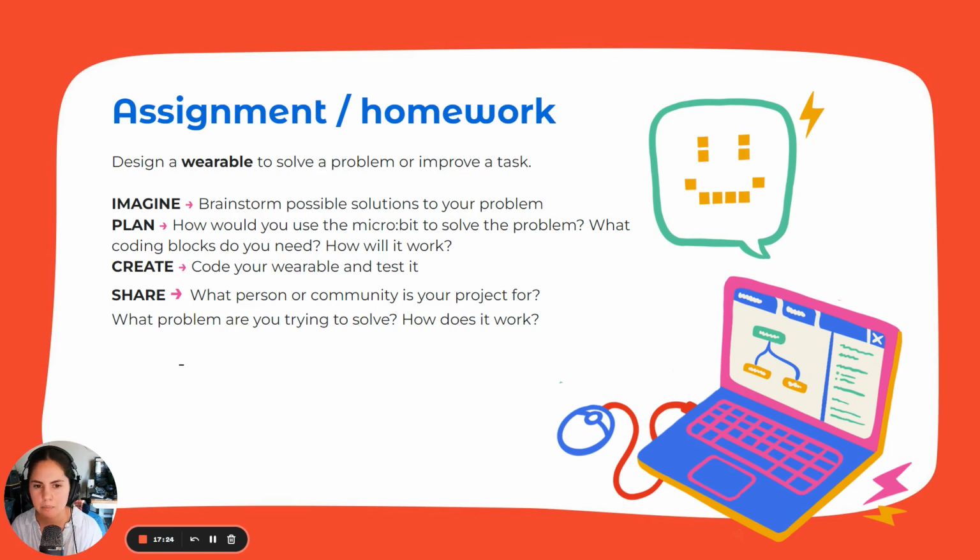And by plan can be, okay, how can I use the microbit to solve the problem? But also, what do I need? Do I need extra accessories or physical stuff? Or what coding blocks will I explore? Or maybe I don't know how to do this right now, but I need to research, etc.